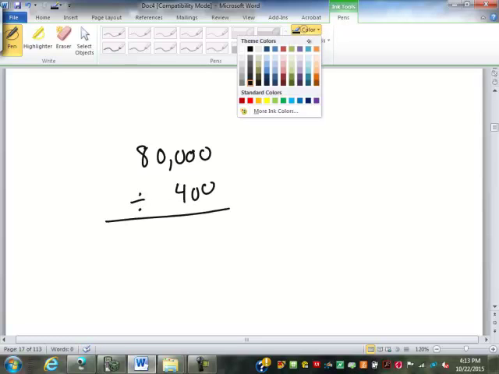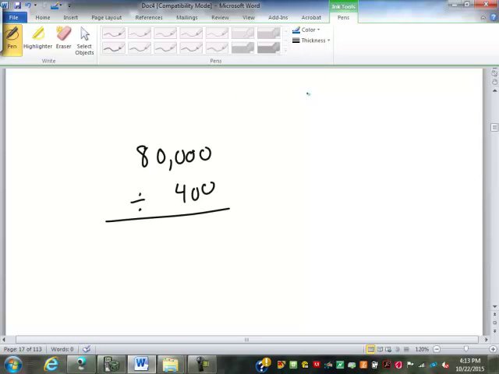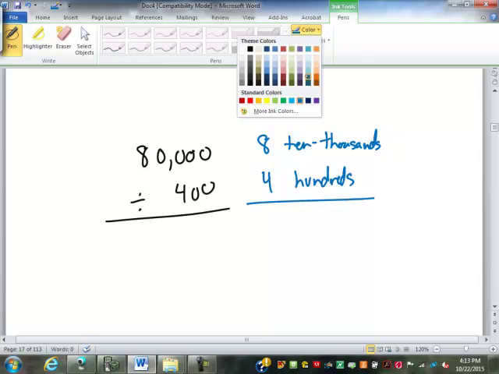When we were dividing numbers like this, this was 8 10,000ths, 10,000s I should say, and this is 4 hundreds. When we divided, we also combined the counts and combined the names.